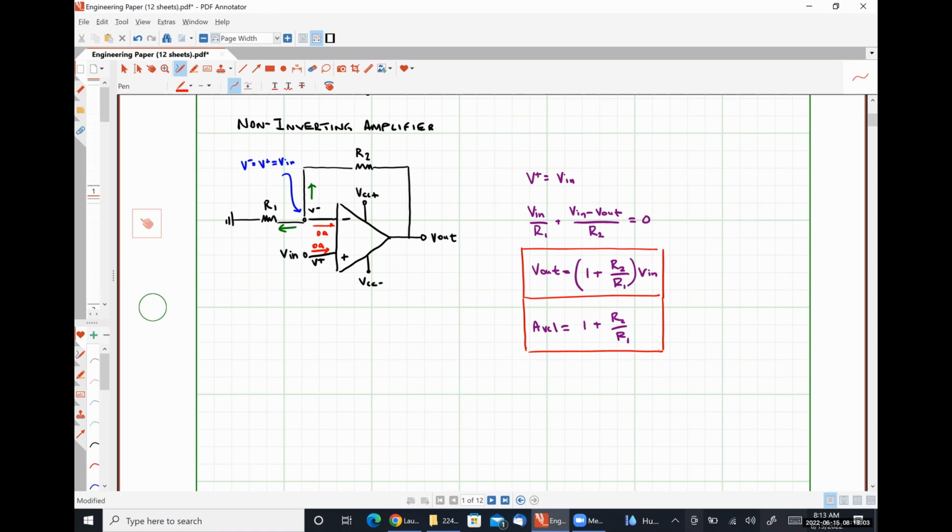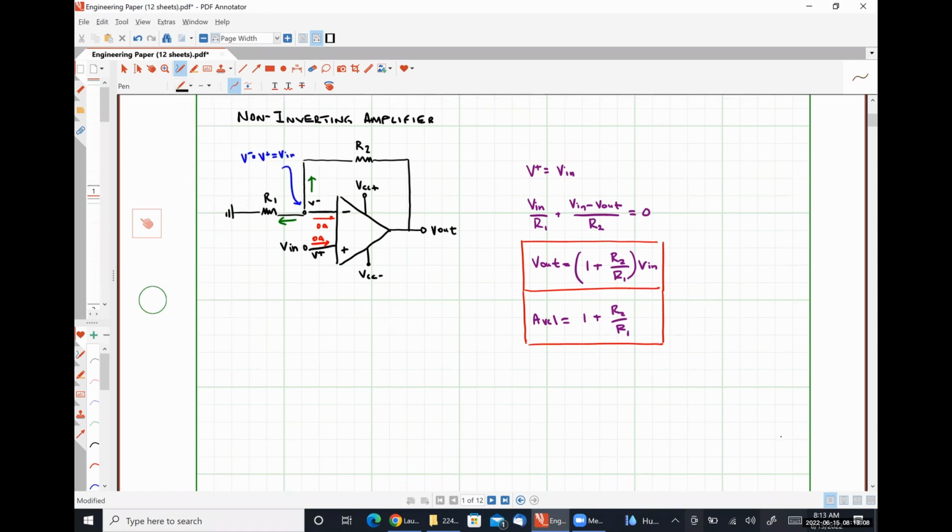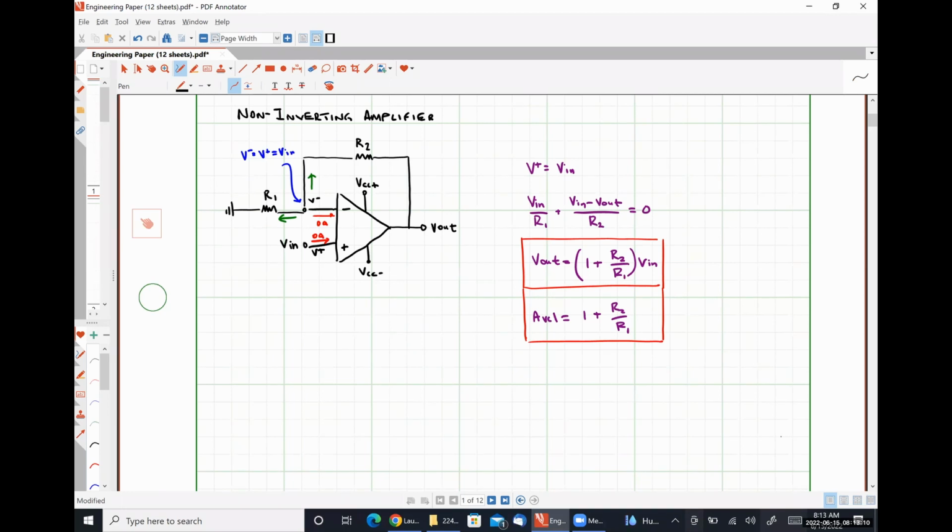All right. This next circuit that we're going to look at is a review of what we talked about at the end of class on Monday. We're going to look at our inverting amplifier again, largely because I want to look at the differences between the inverting and non-inverting amplifier.